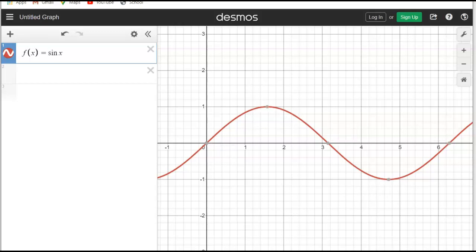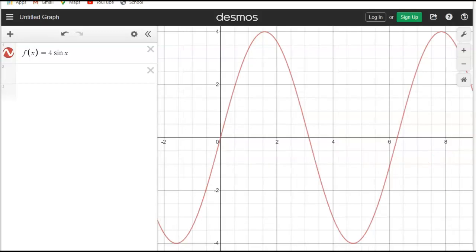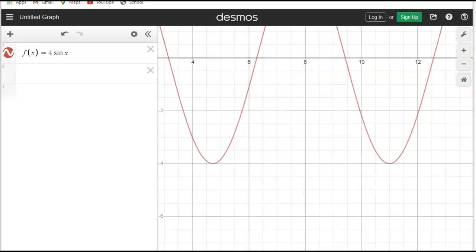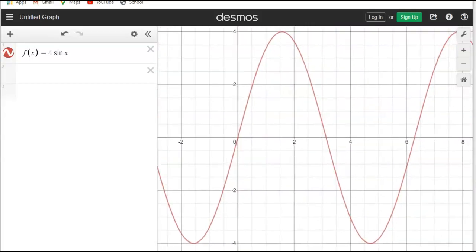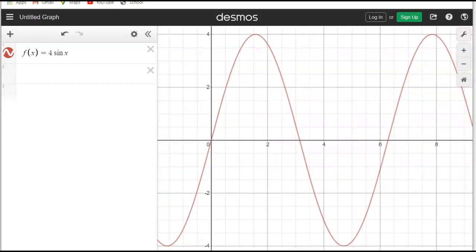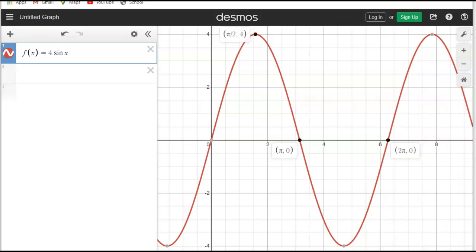But if I put that 4 in front, let me bring that down, get it back similar to where it was. So now we see we still have 0, pi, and 2 pi. So my x-intercepts don't change, but the function is now going up to 4 and down to -4, and back up. So now here is one full period.